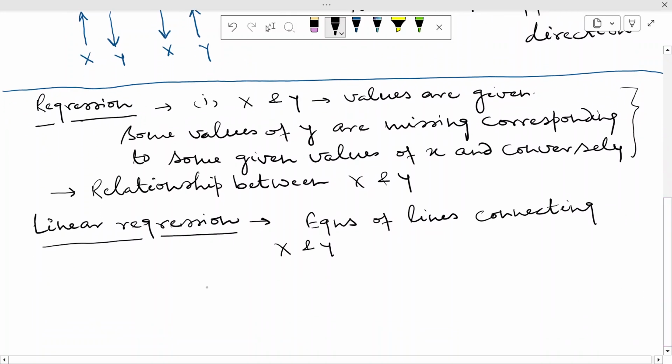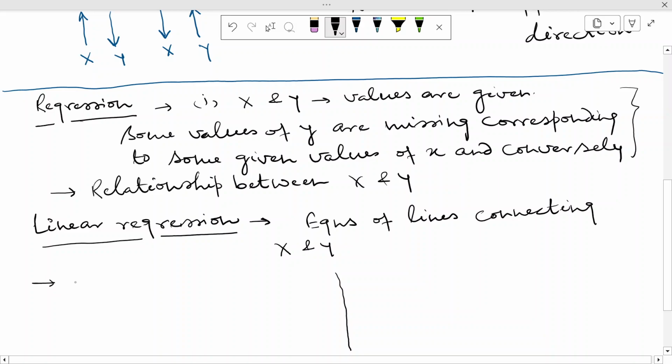Because in case of regression, the choice of independent and dependent variable is not fixed, there is a possibility that x is independent and y is dependent, and there is also a possibility that y is independent and x is dependent.